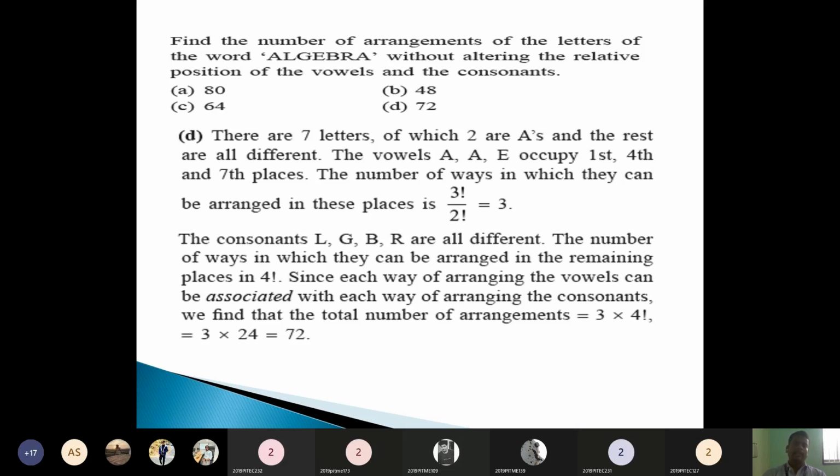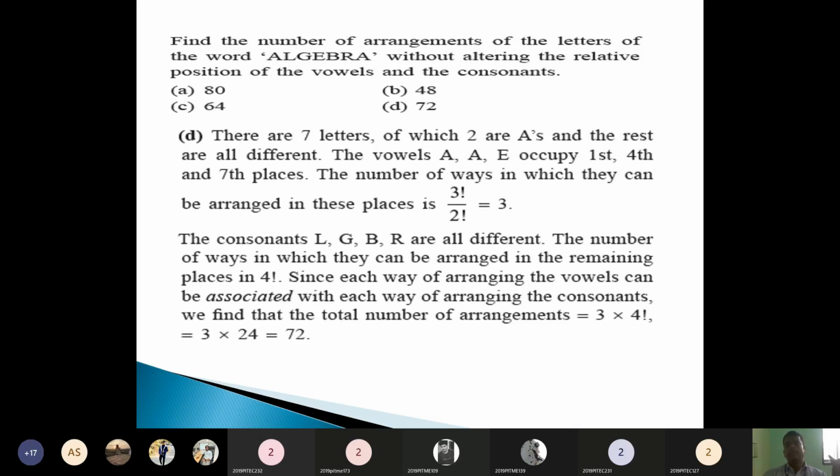The possible arrangements in the first, fourth and seventh places: first arrangement AAE, next AEA, next EAA.